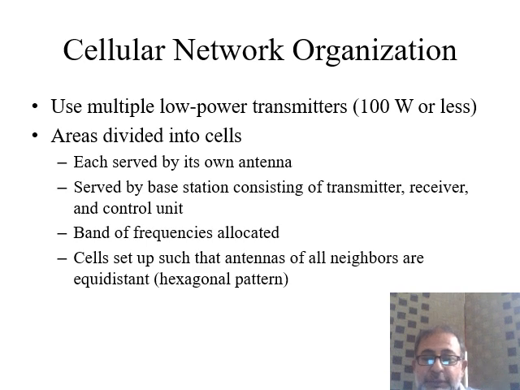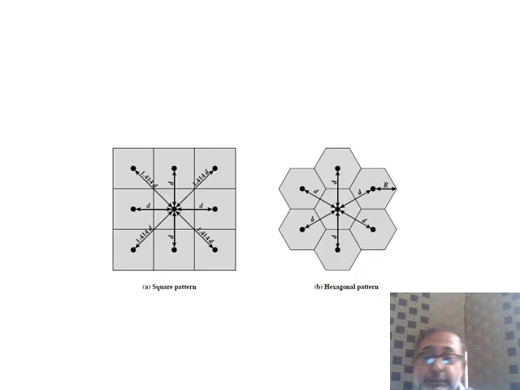Cells are set up such that antennas of all neighbors are equidistant, and that can only be possible in a hexagonal pattern. In these two diagrams, you can see that if we had square patterns, the distance between the centers of different cells would not be equal.